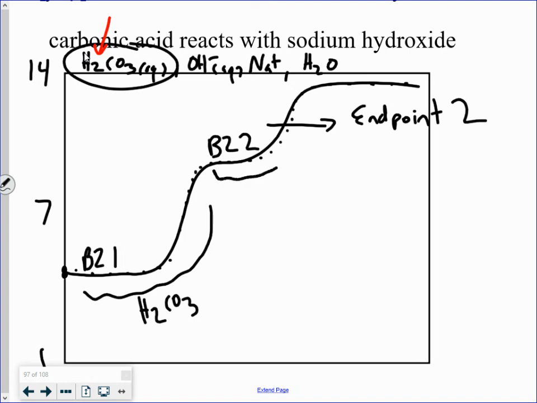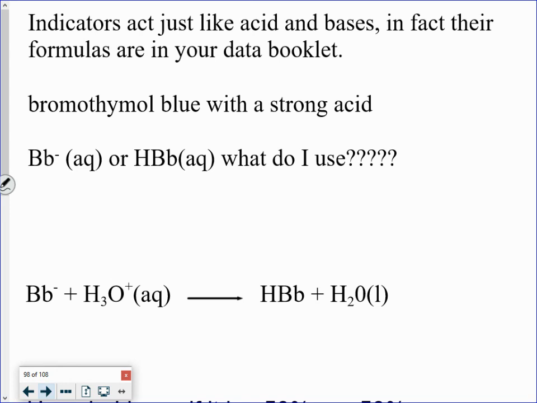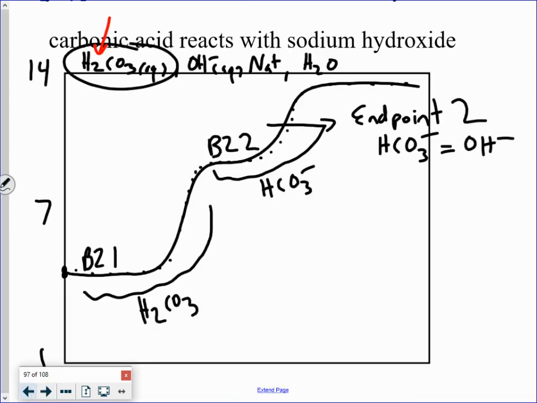But from here on out, H2CO3 is gone and we have HCO3. So what's happening at endpoint? Endpoint, remember, is where things are equal. We have an equal amount of the hydrogen carbonate and the hydroxide ion. Okay. That's good for today. There'll be some extra information your sub will give you.